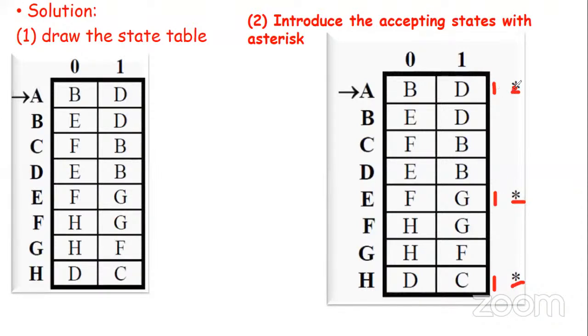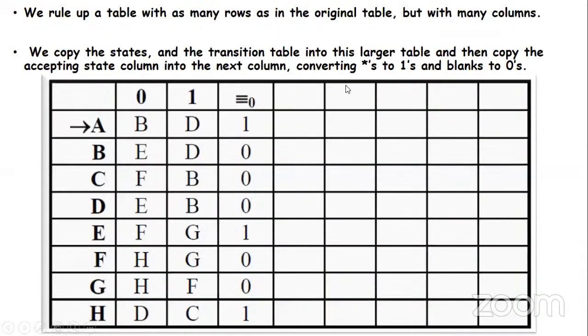So this will now be removed, telling us that A is an accepting state, E is an accepting state, H is an accepting state. Maybe if I move to the next page, you will understand.